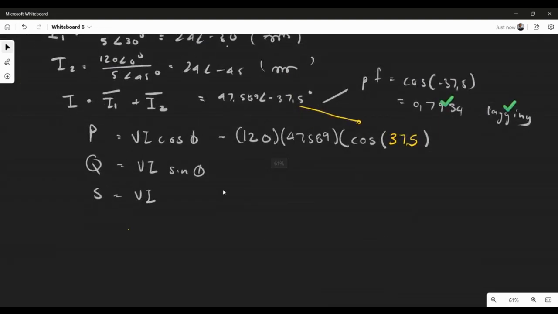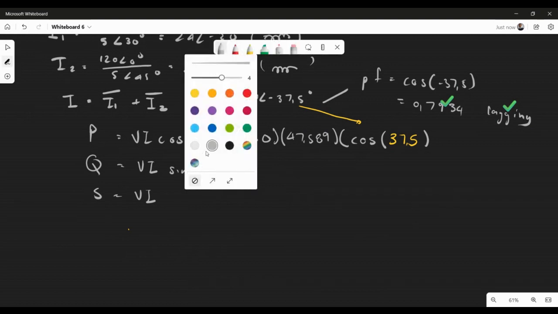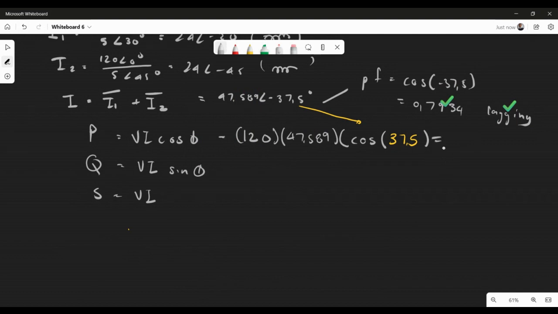Cool. So let's get our power. And obviously you can work out your reactive power as well. So let's have a look.